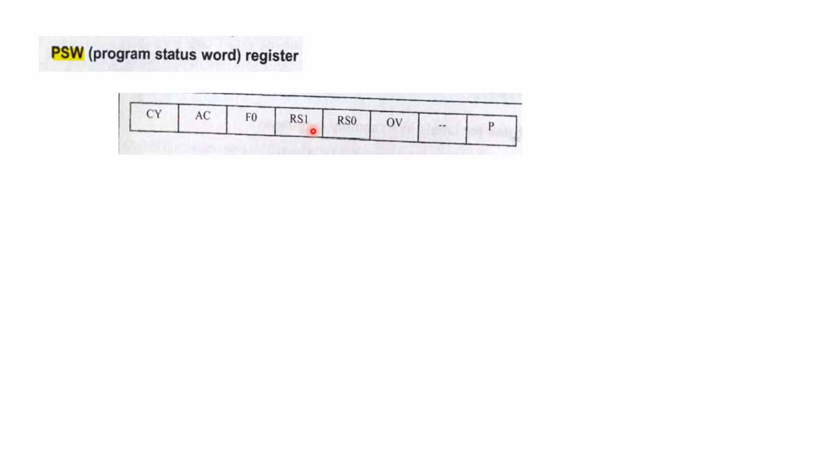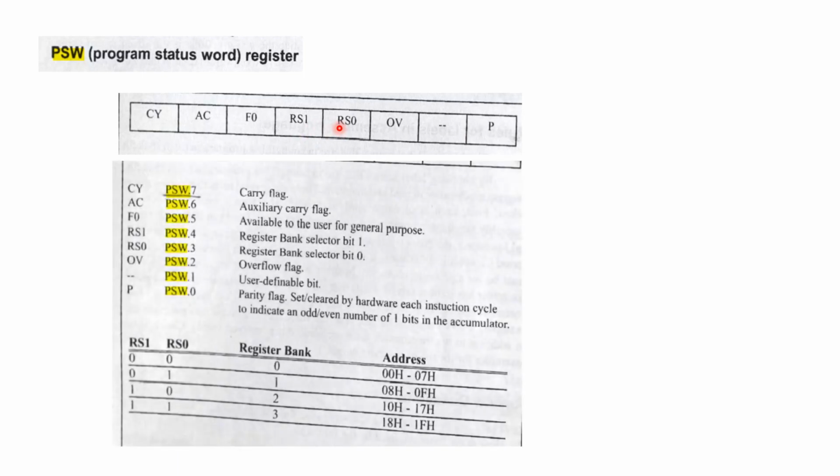And we have 2 bits that are used to select the register bank. Totally we have 4 register banks, so 2 bits are required to encode them. 00 represents register bank 0, 01 represents register bank 1, 10 register bank 2 and 11 register bank 3.